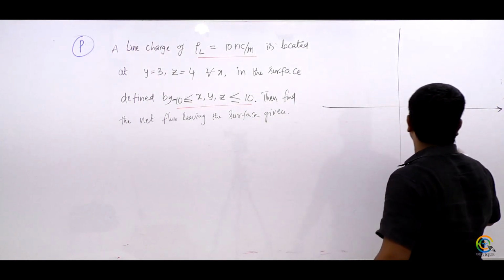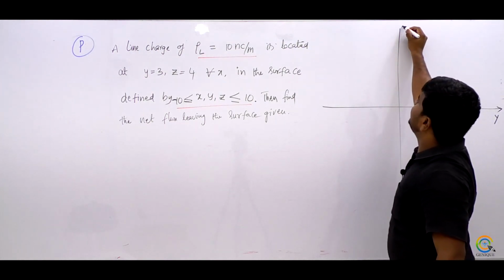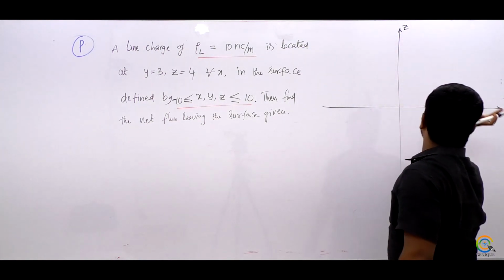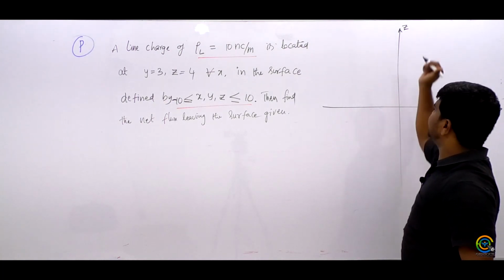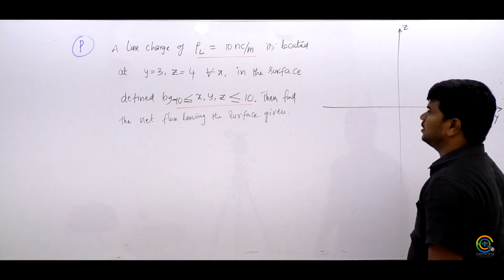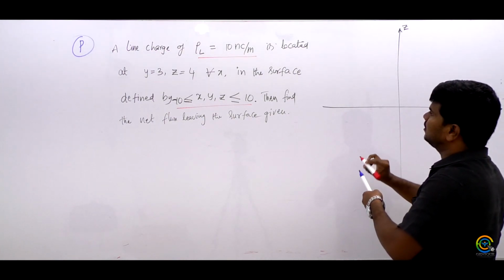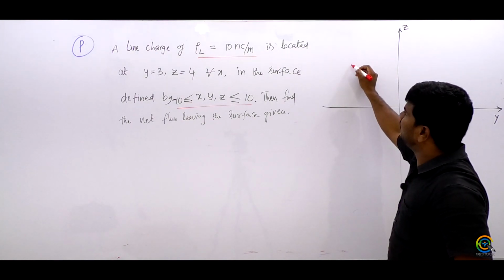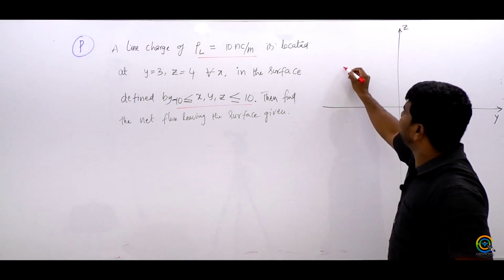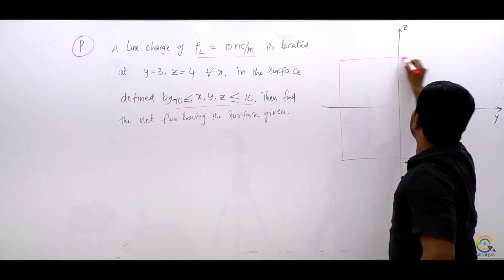Observe this. It is the y, z plane. It will be y and it will be z, always you have to follow this. This is x. First of all, draw the surface. The surface is from minus 10 to plus 10.